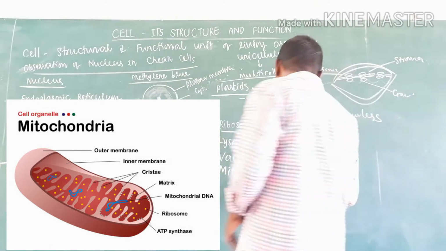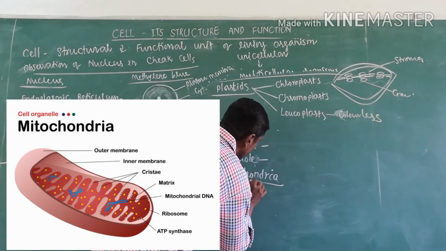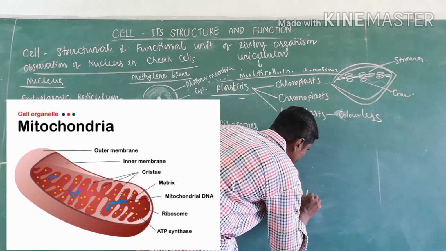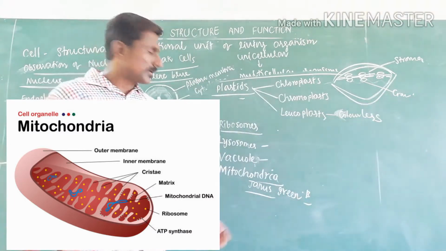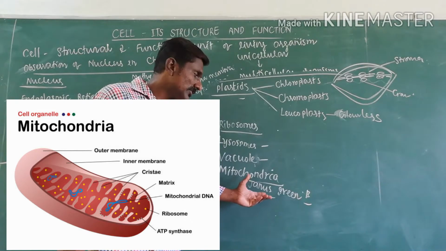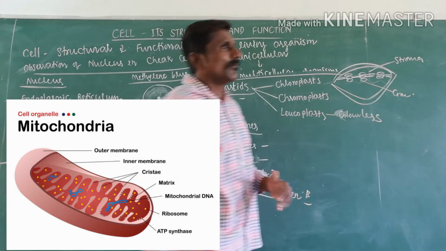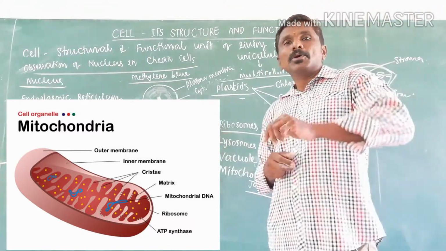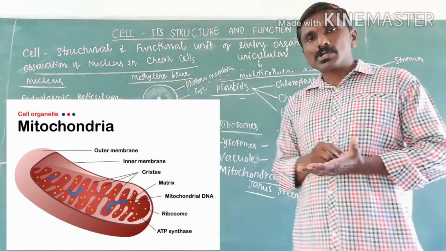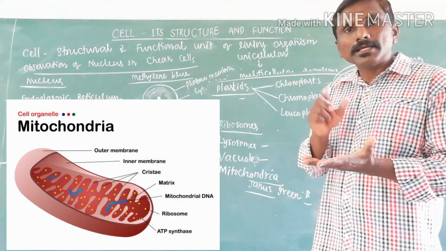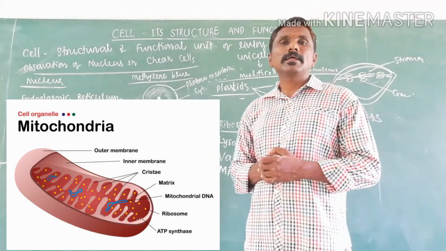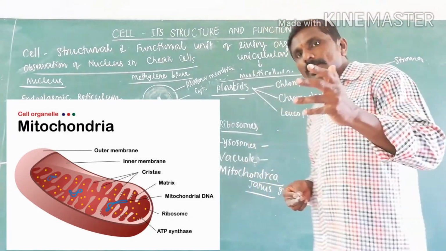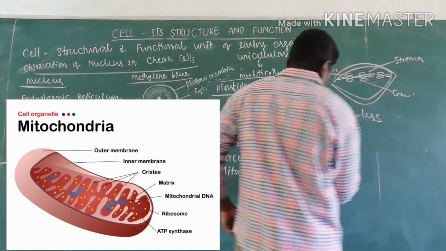For the observation of mitochondria, we are using the stain Janus green B. For this, we have to take the onion peel, put it on a slide and pour one or two drops of Janus green B on the onion peel. Keep it aside for 5 minutes, then put a cover slip and observe it under the microscope. When you observe it under the microscope, you will get the structure like this.